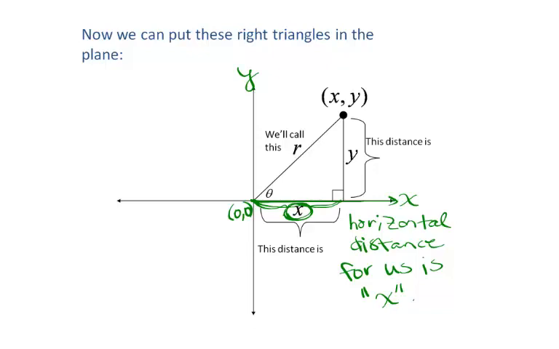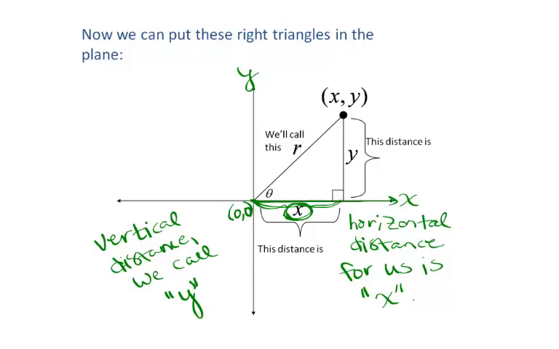And in the same vein, any vertical distance we call y. We can see that right here. We're going to call that vertical distance y. So this side of this right triangle for us is going to be called y.